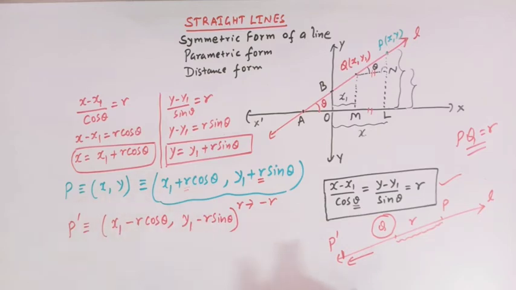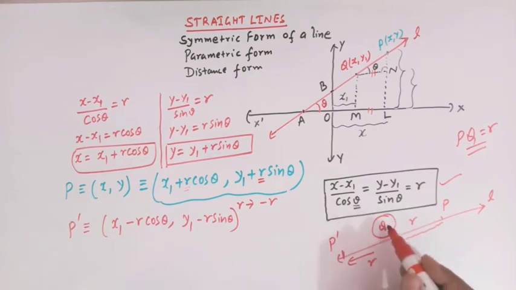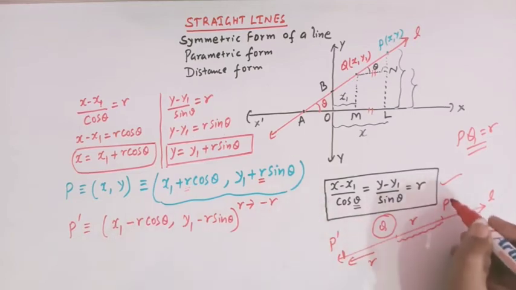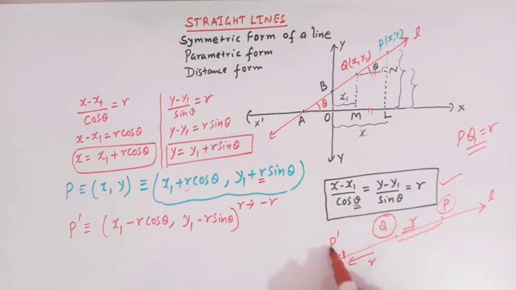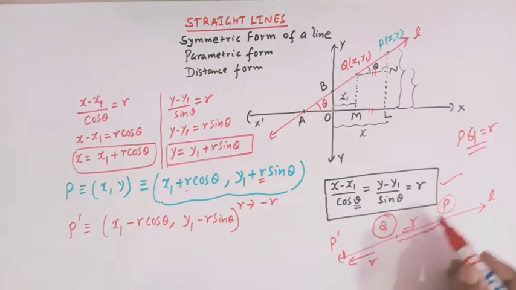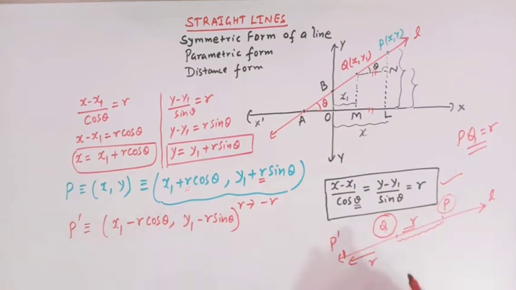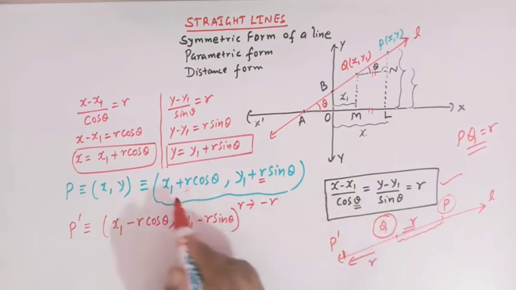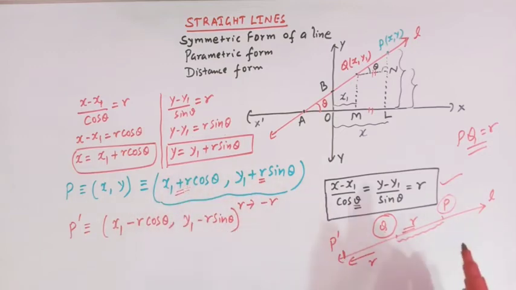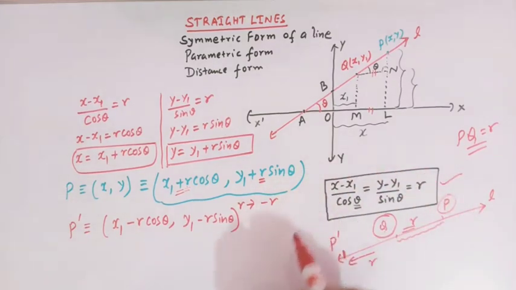This point P prime is also at a distance of r from Q, but in the opposite direction. So P and P prime lie on opposite sides of the point Q. When we take the positive value of r, the point lies towards the right of Q, and when we take r as negative, the point P prime lies to the left of Q. So this is how this equation is a very important equation in straight lines.